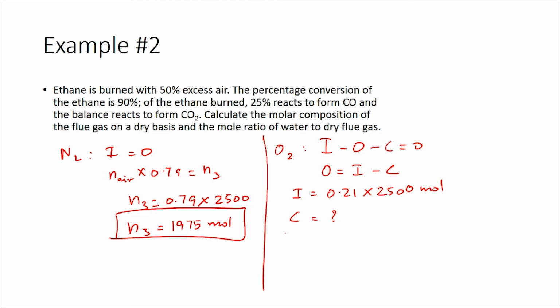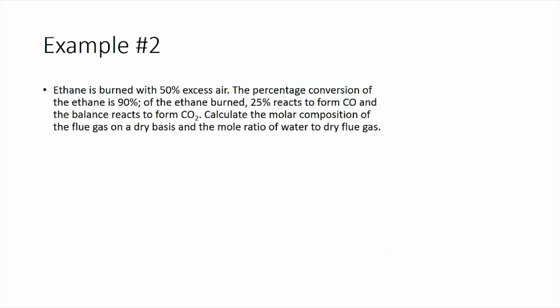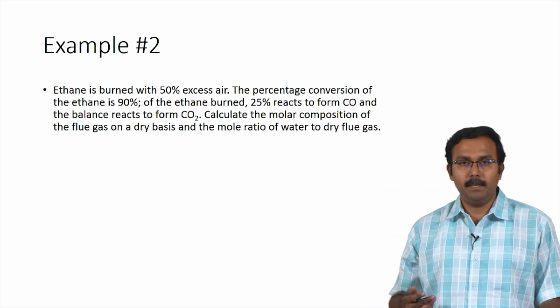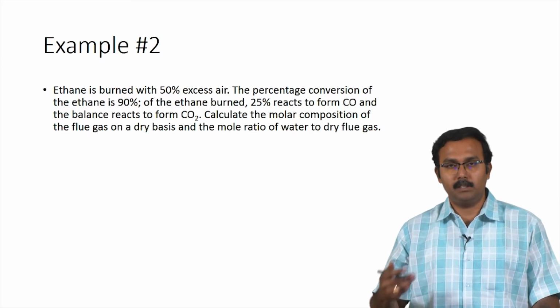If you look at the stoichiometry for complete combustion, you have 1 mole of C2H6 reacting with 3.5 moles of oxygen. For partial combustion, you have 1 mole of C2H6 reacting with 2.5 moles of oxygen. So, based on the number of moles of ethane going into complete combustion and partial combustion, we can calculate the number of moles of oxygen consumed.